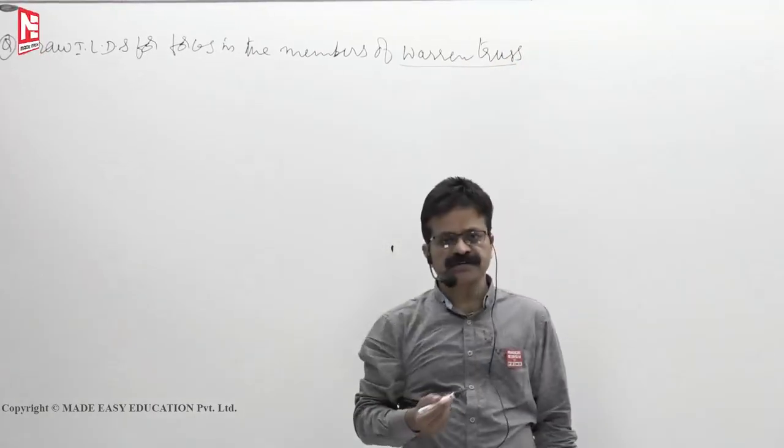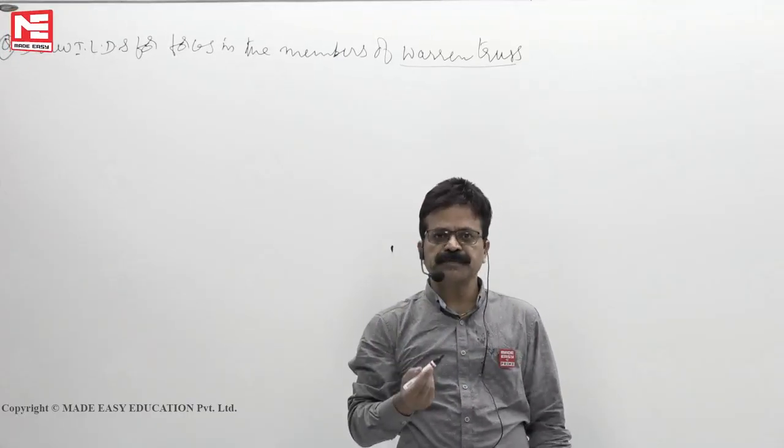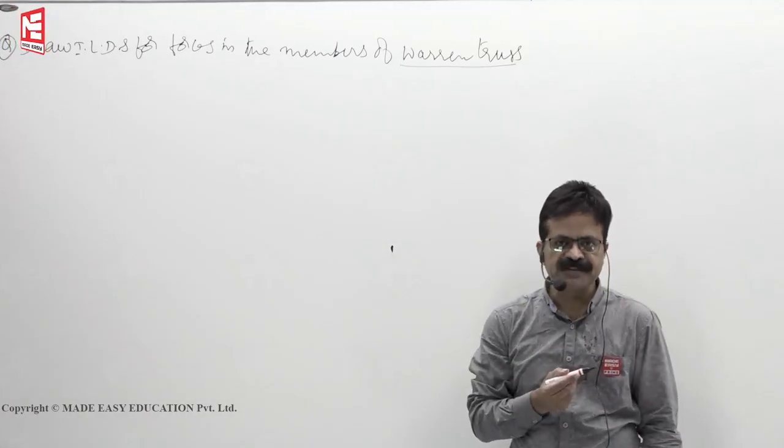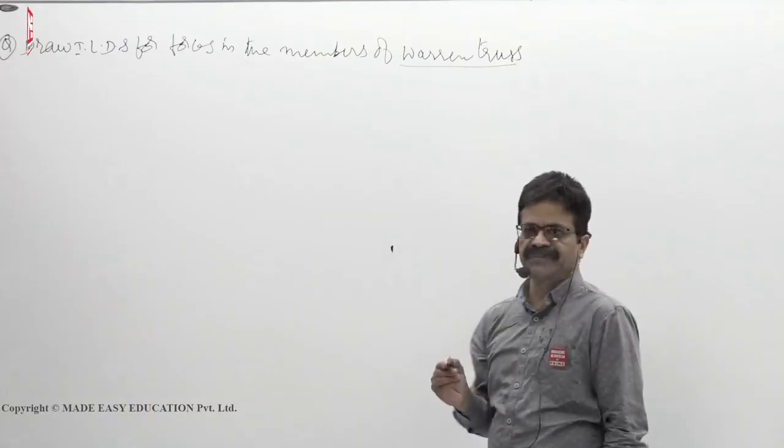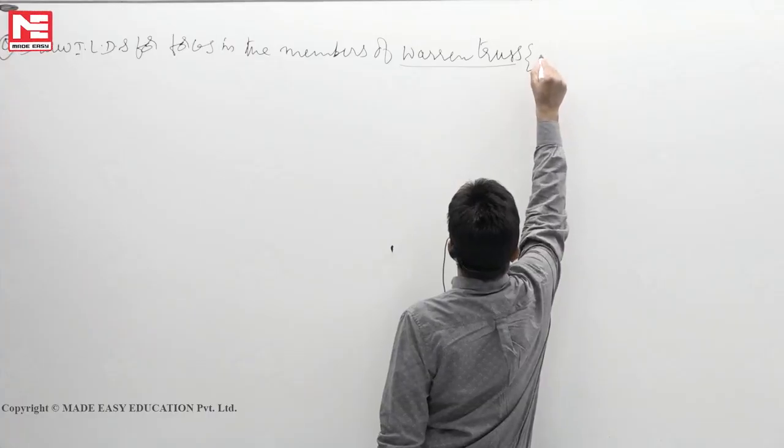Similar to the Pratt truss, he proposed the N-type truss. Warren proposed a truss without vertical members, and that truss is named after him. Members of Warren Truss.